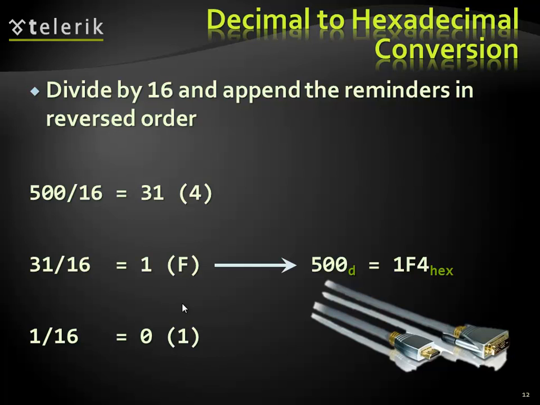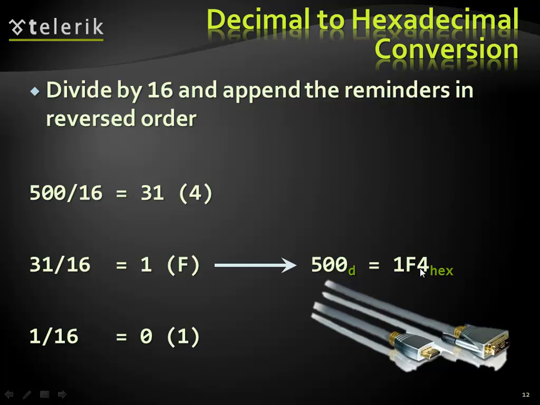Going backwards, just like we did with the binaries, we are dividing, but since our counting system is divided by 16, we're dividing our number by 16 every time, and we're checking the remainders. So in this case, we are taking the number 500, we're dividing it by 16, we're getting 31, and we have a remainder of 4.